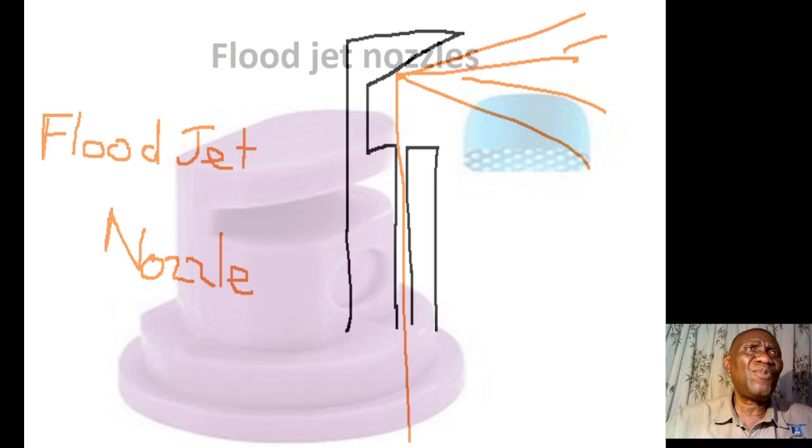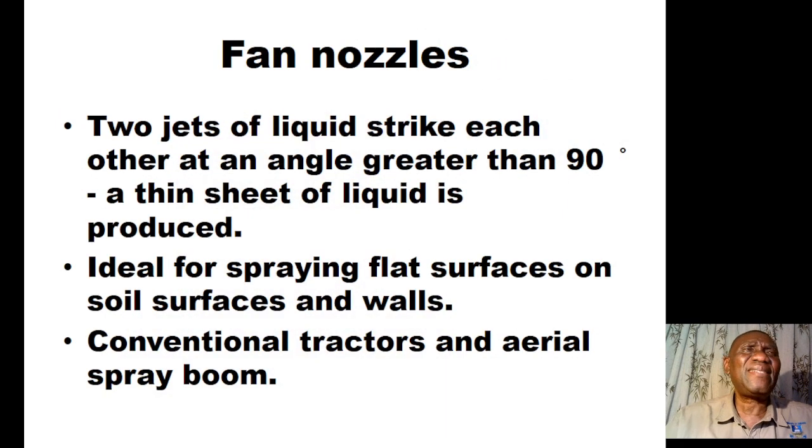And if we could move to the third one, which is a bit complicated, fan nozzles. In a fan nozzle, you've got two jets of liquid which strike each other at an angle greater than 90. So you've got two jets of liquid which hit each other, then it breaks into droplets.